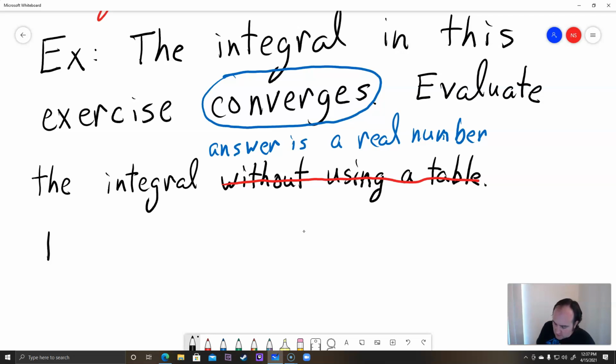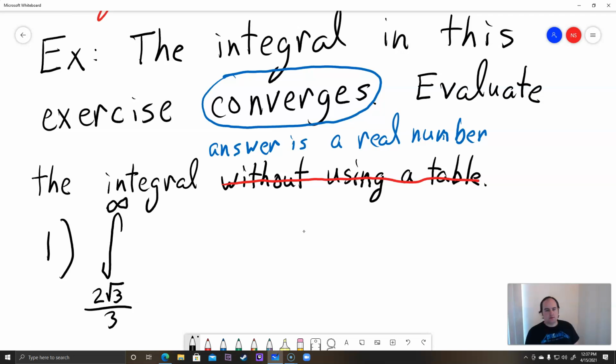At least I do. Okay, so example number 1, we're going to be doing the integral from 2 root 3 over 3 to infinity of dx over x squared plus 4. Sorry, I can't write that small very well.